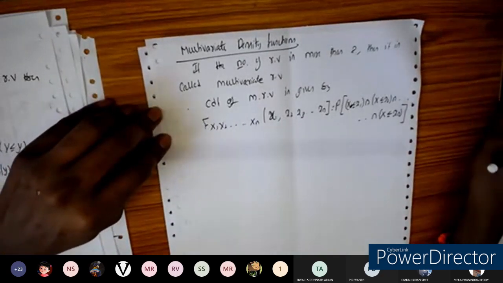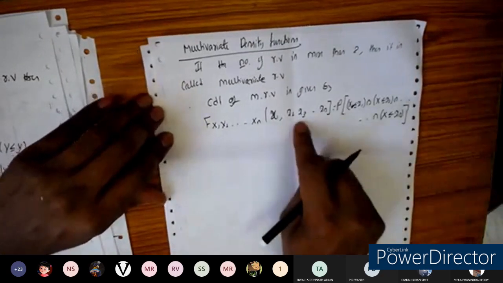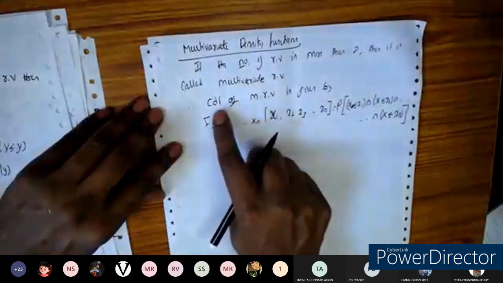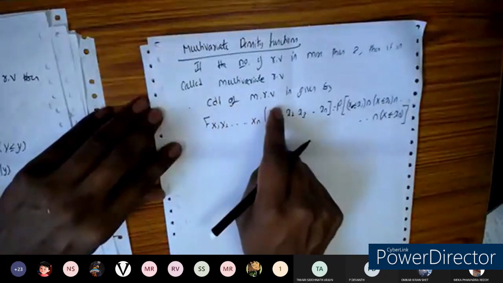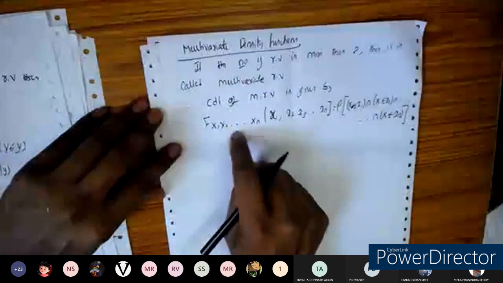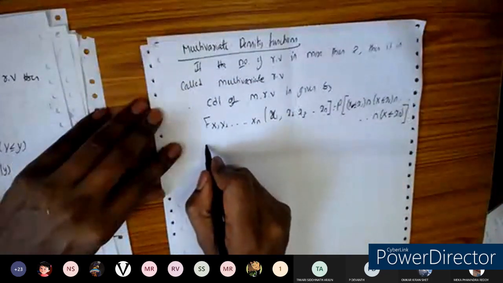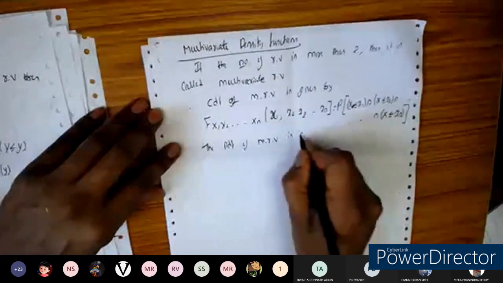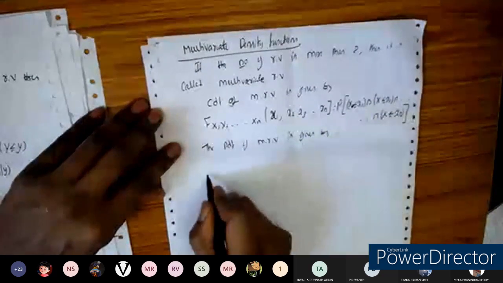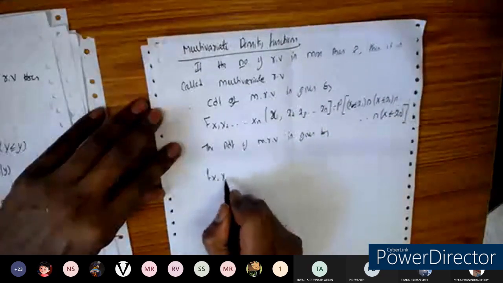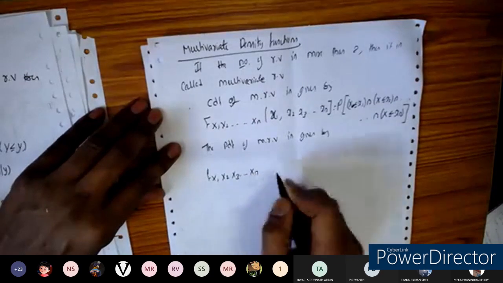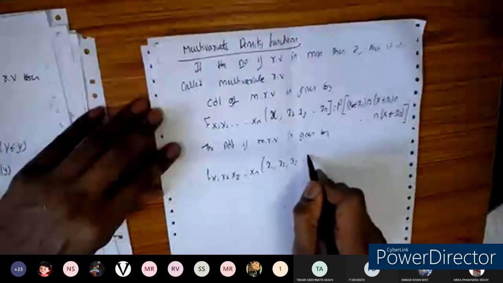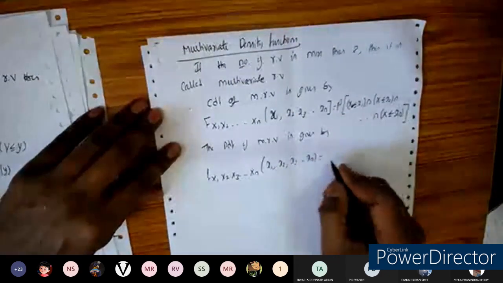In a similar way we can obtain the PDF from the CDF. The CDF is the cumulative distribution function, and the PDF is the probability density function. We obtain it by differentiating. The PDF of the multivariate random variable is denoted f of X1, X2, X3 up to Xn evaluated at x1, x2, x3 up to xn.